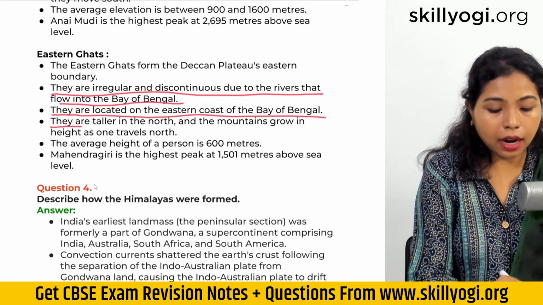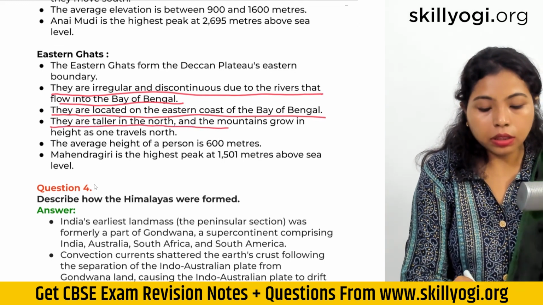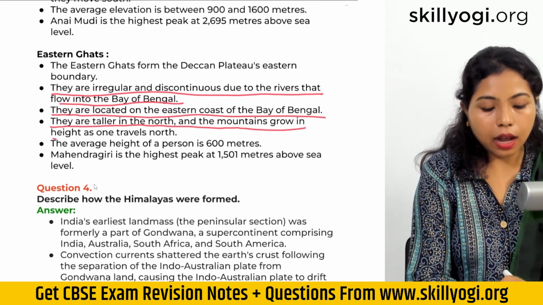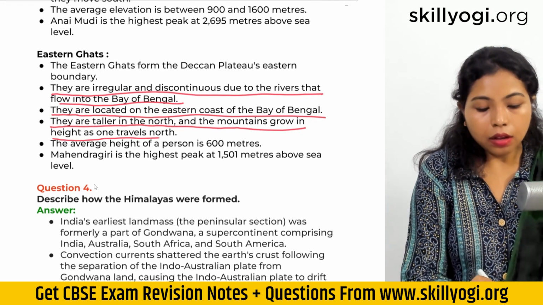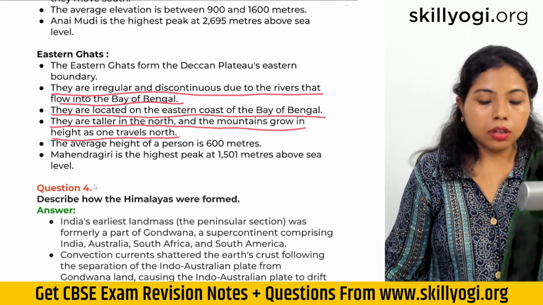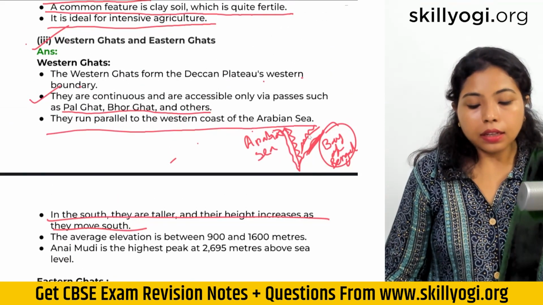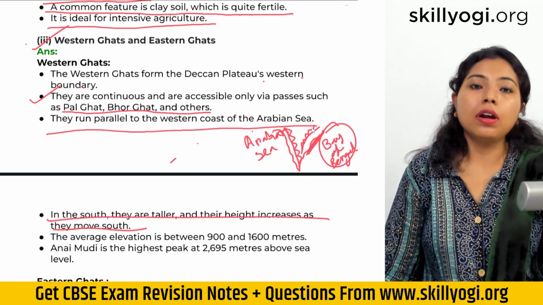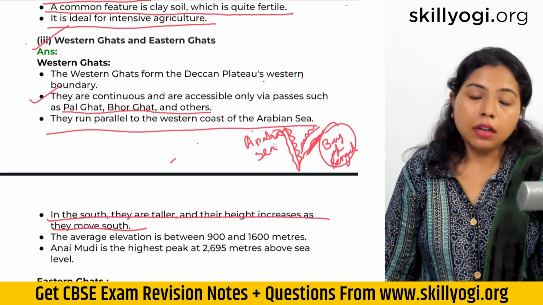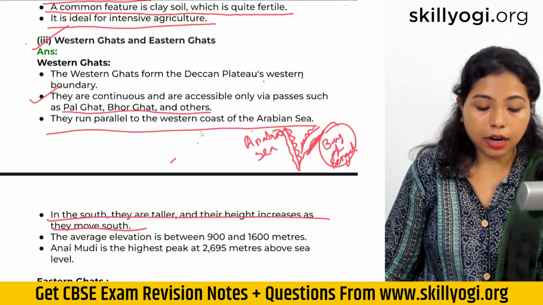But in the Eastern Ghat, they are taller in the north, and the mountains grow in height as one travels north. What we see in the Eastern Ghat is that the peaks are taller in the north than in the southern part.